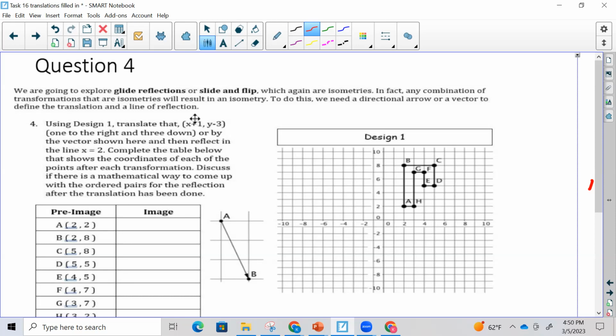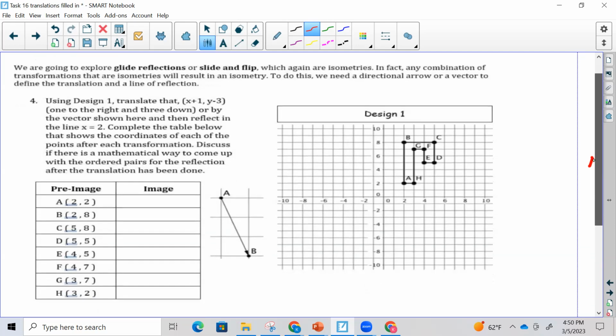That means I'm moving 1 to the right and 3 down, as shown by the vector here, and then reflecting over the line x equals 2. And we're going to complete the table below that shows the coordinates of each of the points after each transformation.